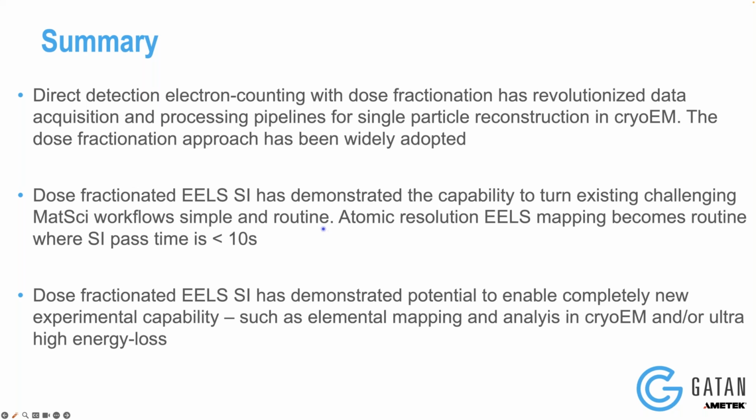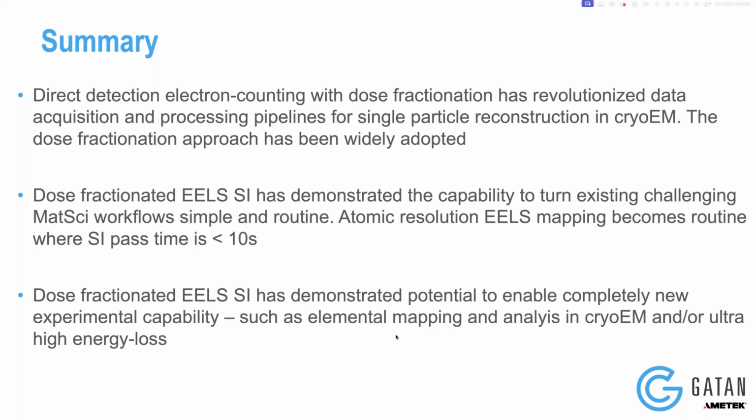Dose-fractionated EELS spectrum imaging also gives us the potential to do completely new things. We can do elemental mapping and analysis in cryo. So cryo-EM, that's something that we would have thought perhaps we could never do. Mapping in frozen cell sections, this allows us to do that. And then anything where we have really weak signals.